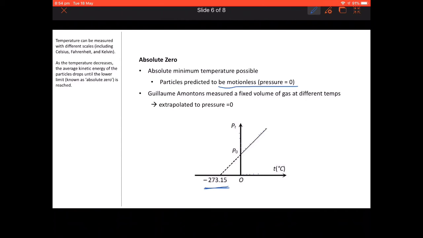When the temperature was 0, the pressure would be like the y-intercept, and then using a general y equals mx plus c rule, they would be able to work out the x-axis value when pressure is equal to 0. So that's how this value was determined.